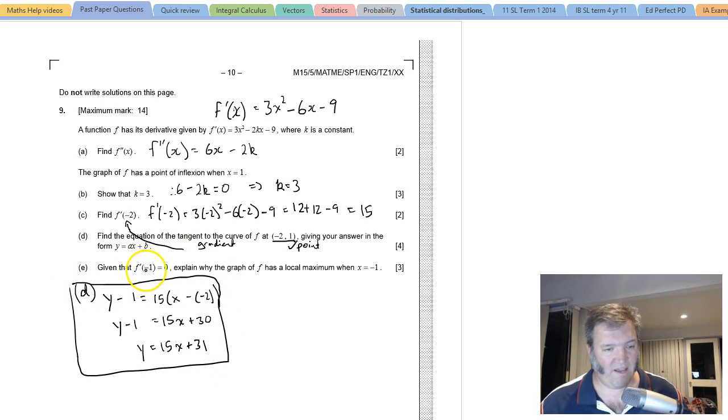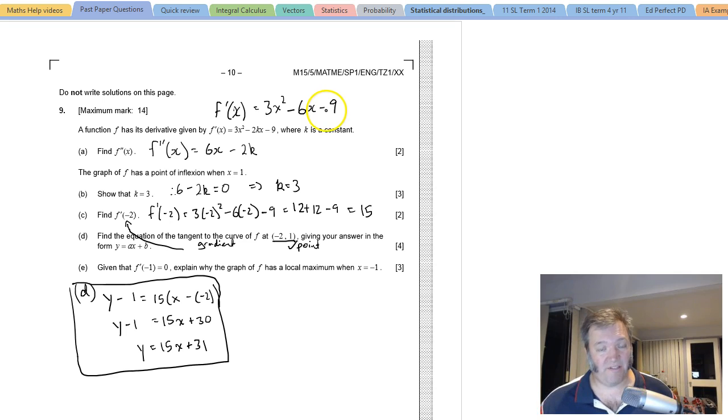Given that f dash of negative 1 equals 0, explain why the graph of f has a local maximum at x equals negative 1. Alright, so f dash of x, 3x squared minus 6x minus 9. We know that it's equal to 0 when x equals negative 1. We can check that. 3, minus 6 by negative 1 would be plus 6.